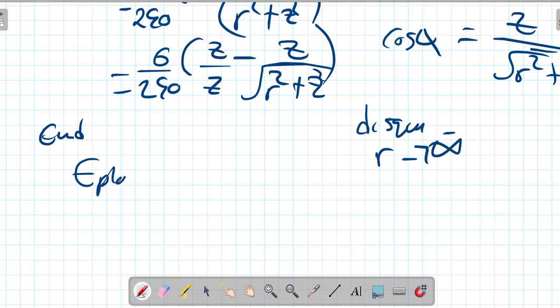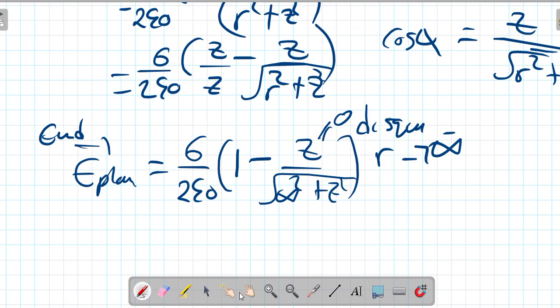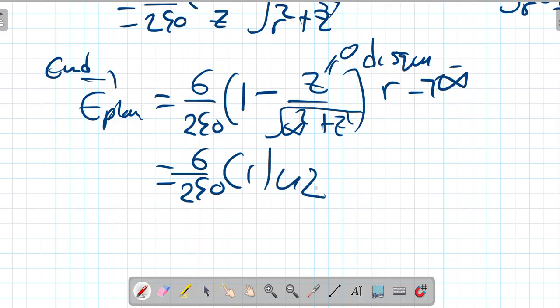So E of the infinite plane is equal to sigma over 2 epsilon 0 times 1 minus z over the root of infinity squared plus z squared. Now this will be 0 because we are dividing by infinity. So it's going to be sigma over 2 epsilon 0 multiplied by 1 as the answer. Then you put the direction, which you know is always in the direction of z. So this is for the infinite plane.